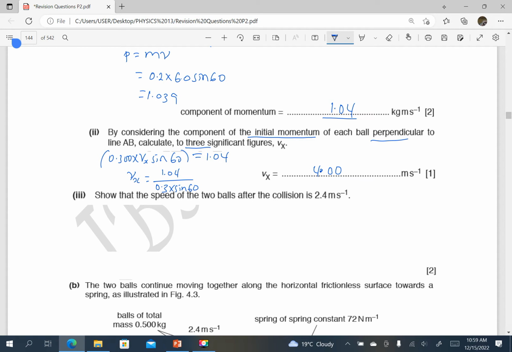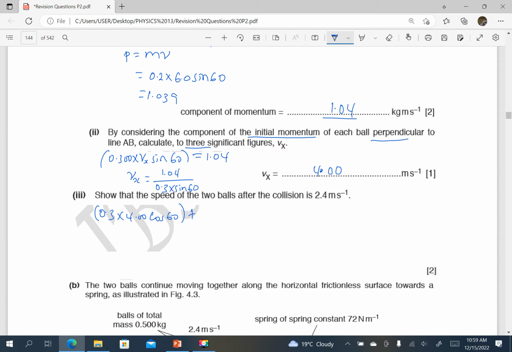So for x, that will be 0.3 times Vx, which I have got as 4.00. That's the total momentum of x in the horizontal. But remember, it was moving at an angle of 60, so I have to say velocity times cos of 60.